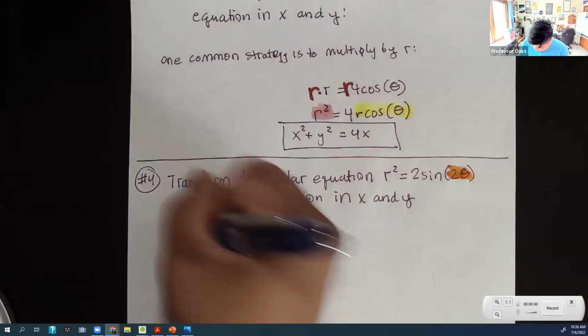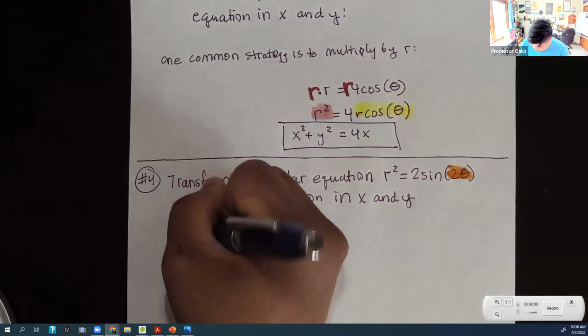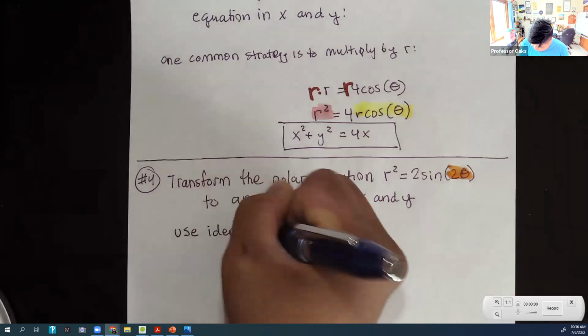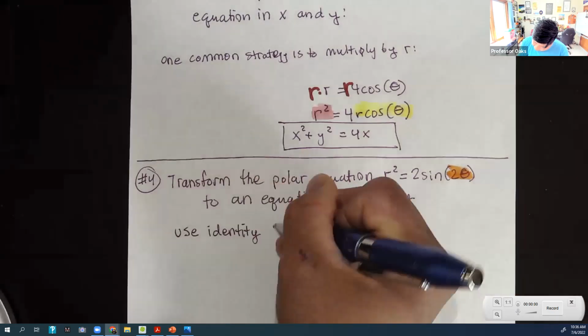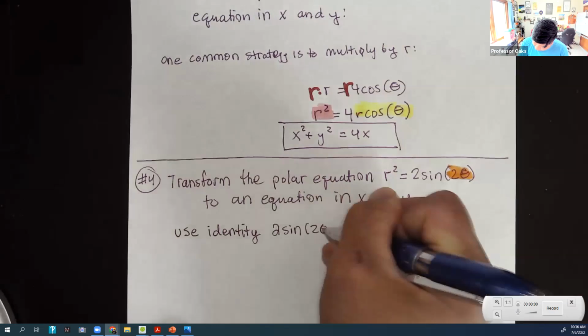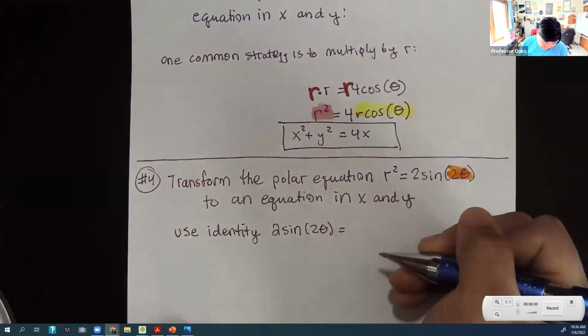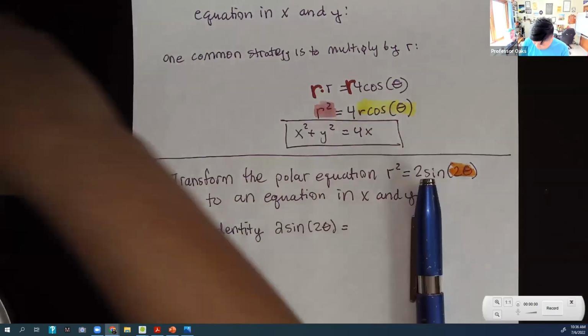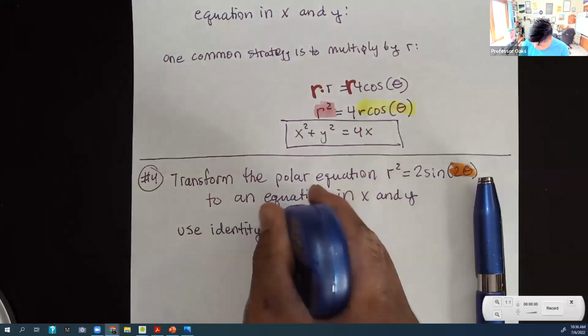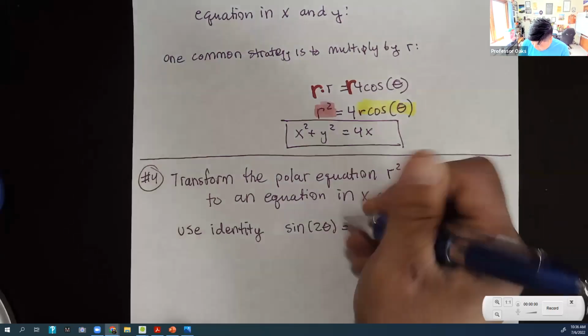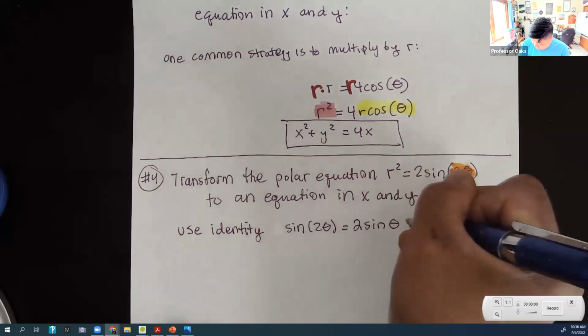So use the identity: sine of 2 theta is 2 sine theta cosine theta.